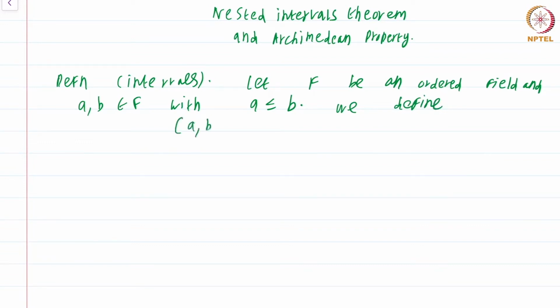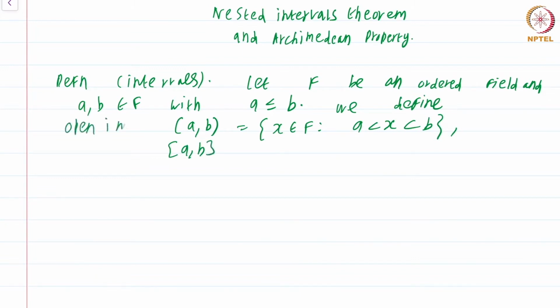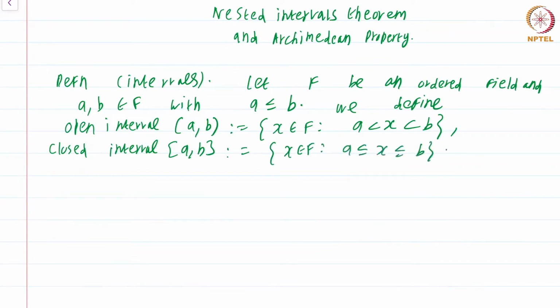The first, (a,b), is the set of x in F such that a is less than x less than b. This is the open interval. The second one is the closed interval, [a,b], the set of x in F such that a is less than or equal to x less than or equal to b.